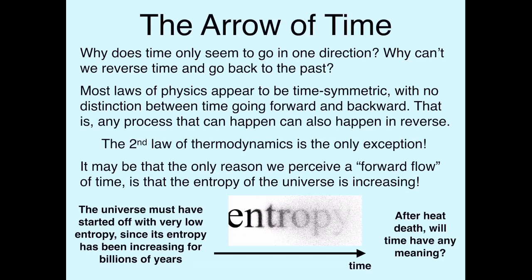But then eventually we'll reach heat death, and now entropy is at a maximum. So it's not really increasing anymore, it's just leveled off at some maximum value. At that point, it's actually sensible to ask whether time has any meaning. Is there even a meaning to the direction of time once we reach heat death?